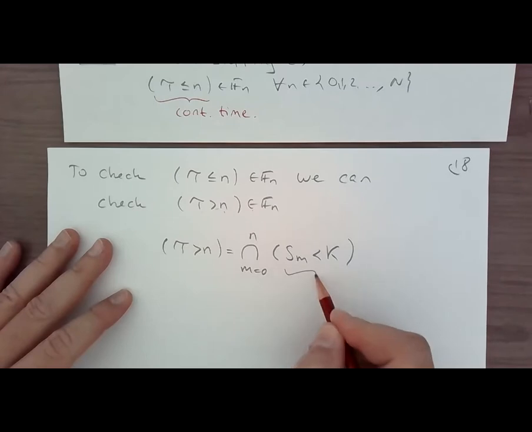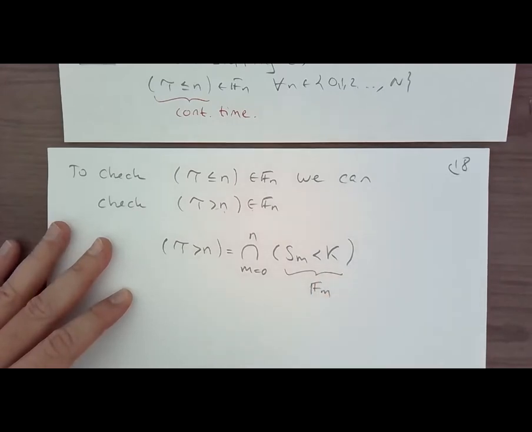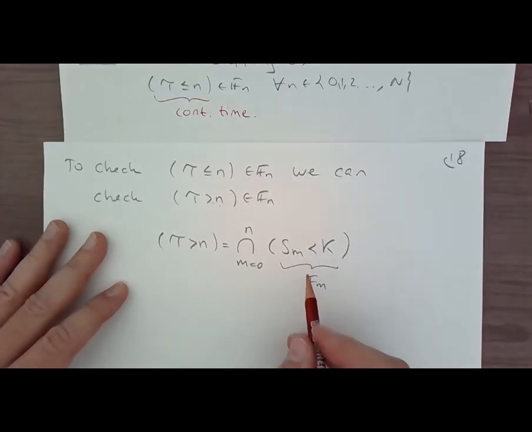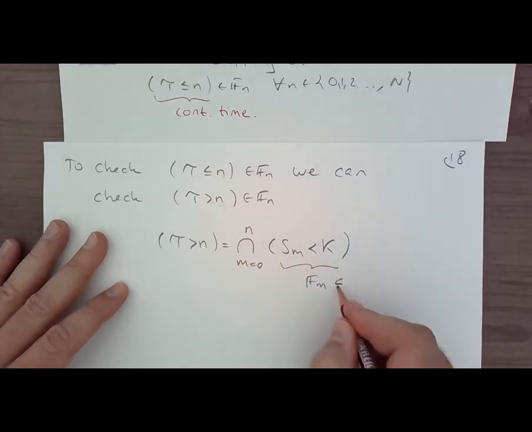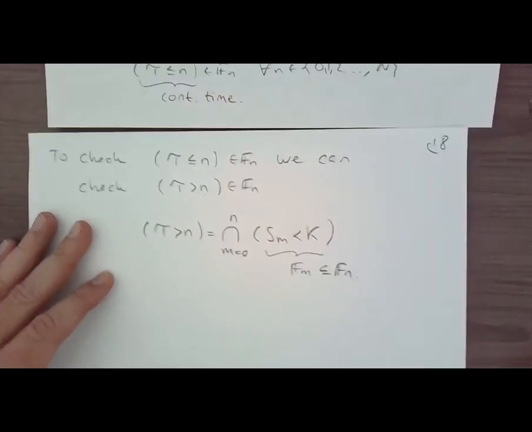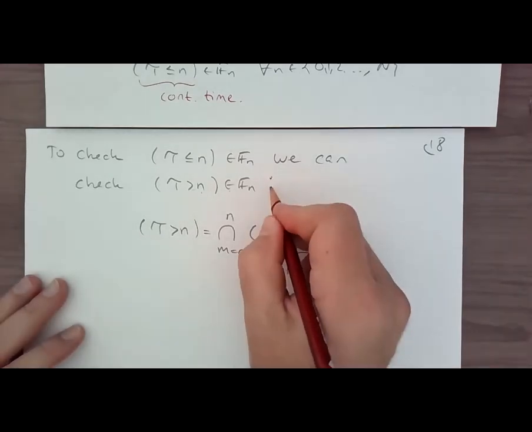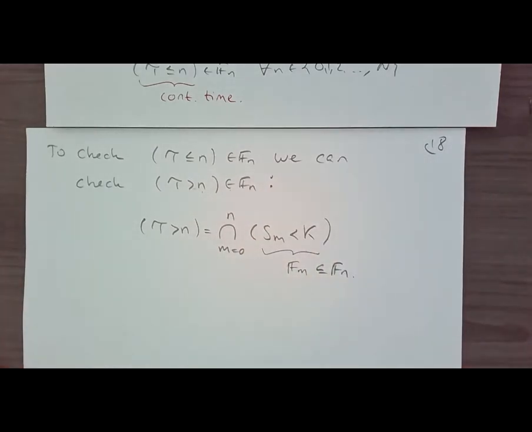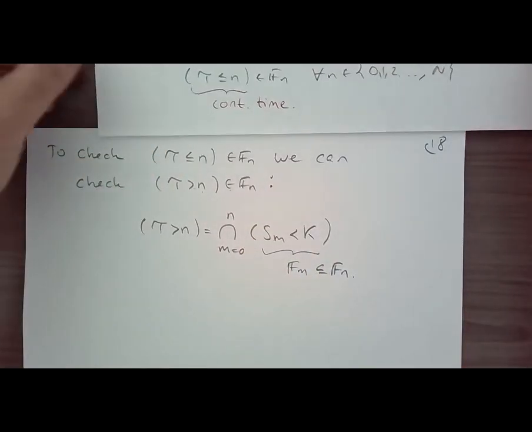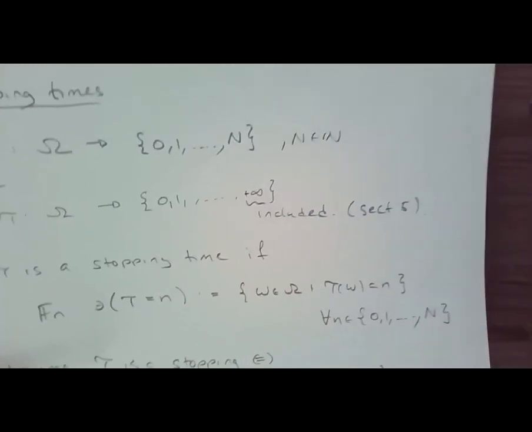And then what we have here belongs to Fm, and m is less than n. So we have this conclusion. So this is a stopping time, and that's by far the most important class of stopping times that we have.